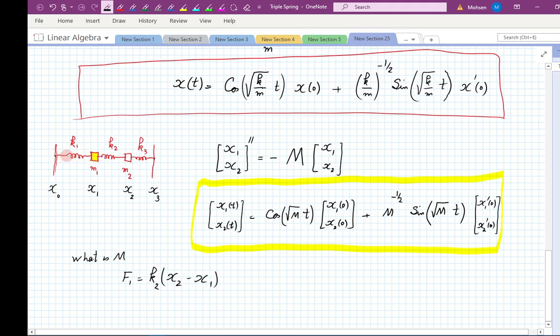Then we have to do the same thing on the left. On the left, this is at x0, this is at x1, so the spring on the left is stretched by x1 minus x0.